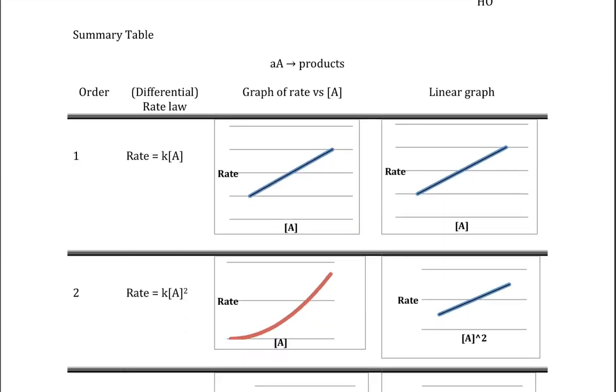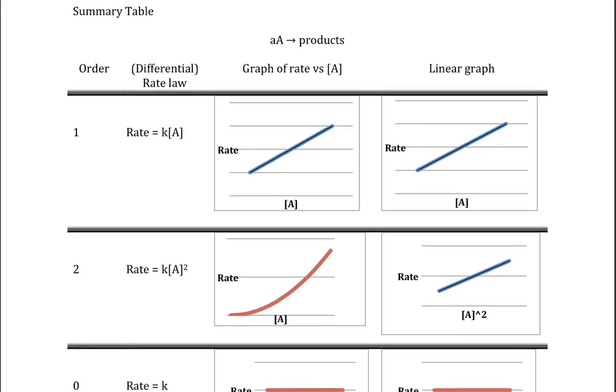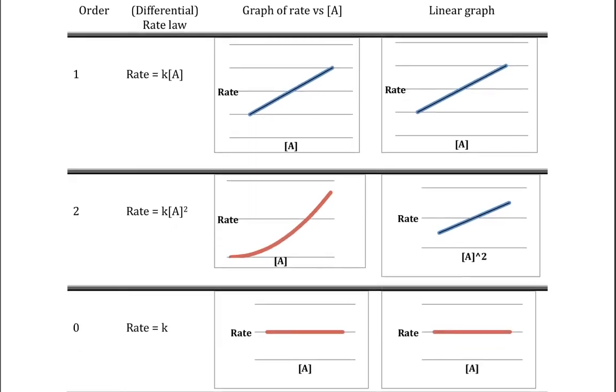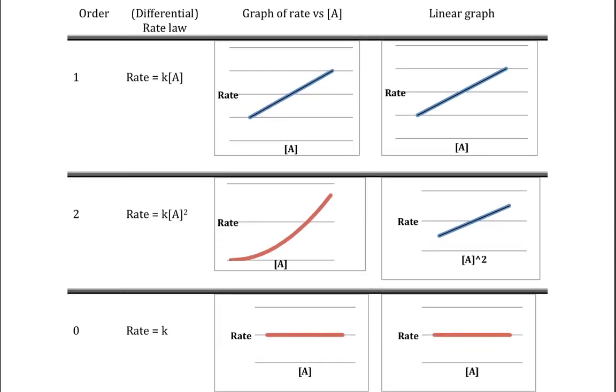Here's a summary table of the information that we have worked with so far. We have A forming products, big A of course being the chemical. For a first order reaction, the differential rate law is rate equals k[A]. So a graph of rate versus concentration gives us a linear graph.